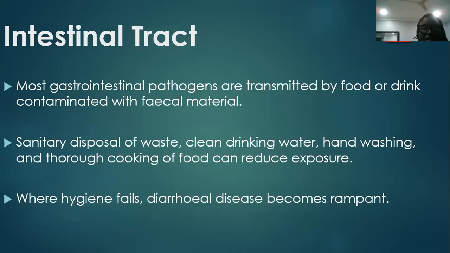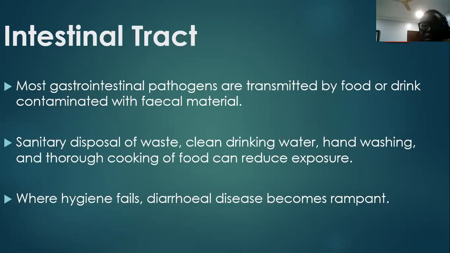So let's come to the intestinal tract, or the GIT. A lot of the infections in the GIT are transmitted by the fecal-oral route. What this means is that there's fecal contamination of the water or the food that the person takes in, and then when you take it in, it causes the infection, and then the cycle repeats itself.